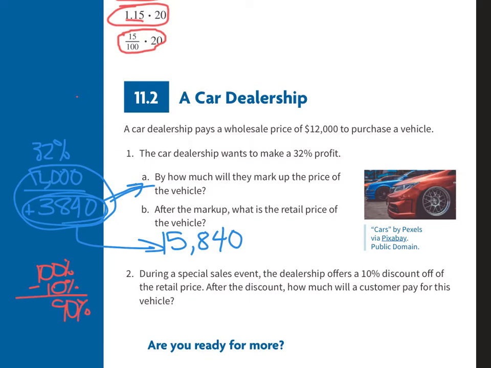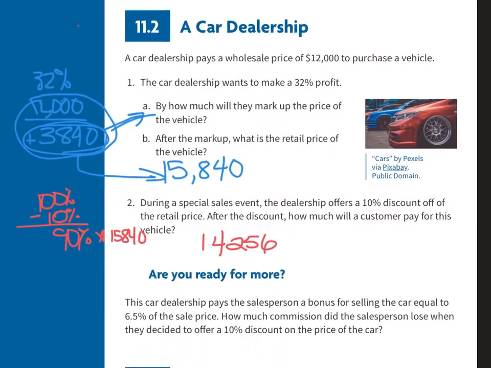So then I'm just going to go 90% times 15,840, which gives me 14,256. Okay? So that's just a decrease problem.